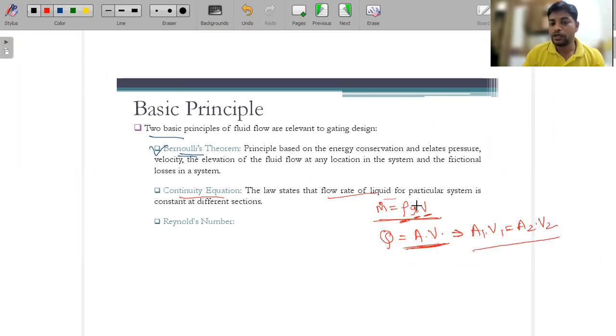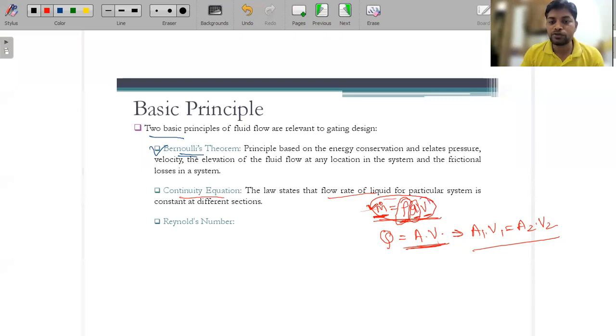Okay guys, now in fluid mechanics generally we do not consider this equation, but when we are talking about thermodynamics and thermofluids, at that time we can consider it, because we are considering the mass flow rate. If the mass flow rate is constant, guys please listen, then the density of the fluid cannot change, it will be constant throughout. And g depends on the space, so that will be constant.